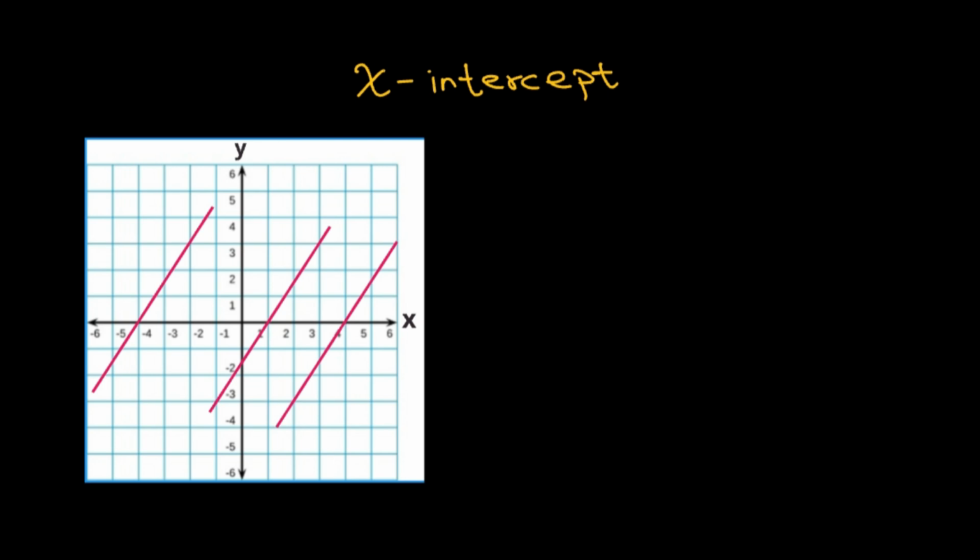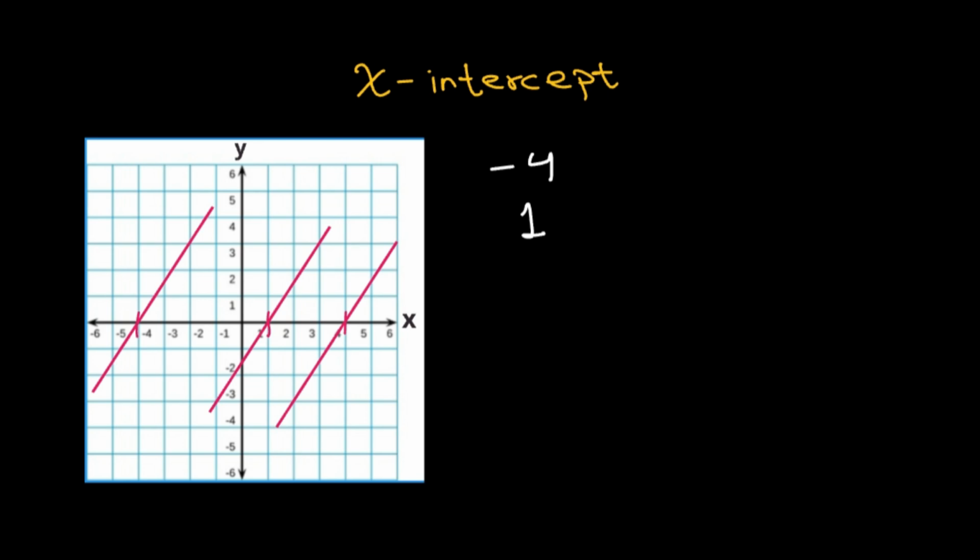Now, what is x-intercept? The x-intercept is the x value at which the line intersects the x-axis. This line here intersects the x-axis at x equals -4, so the value of x-intercept here is -4. For the second line, x-intercept equals +1.